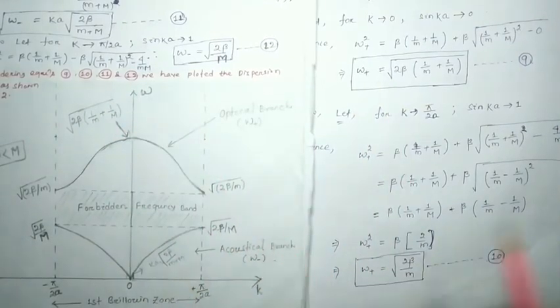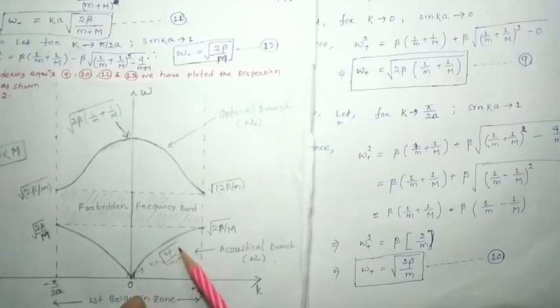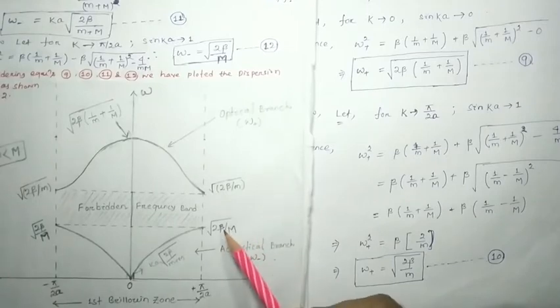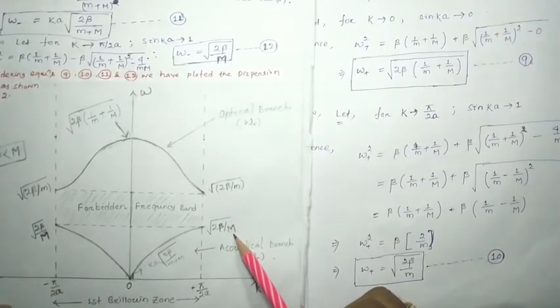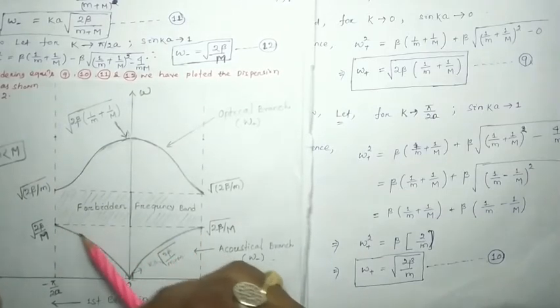Right, so here we got the points for omega minus. When k tends to 0, it will be approximately 0. When k tends to plus or minus pi by 2a, the value will be equal to 2 beta by capital M, root over.